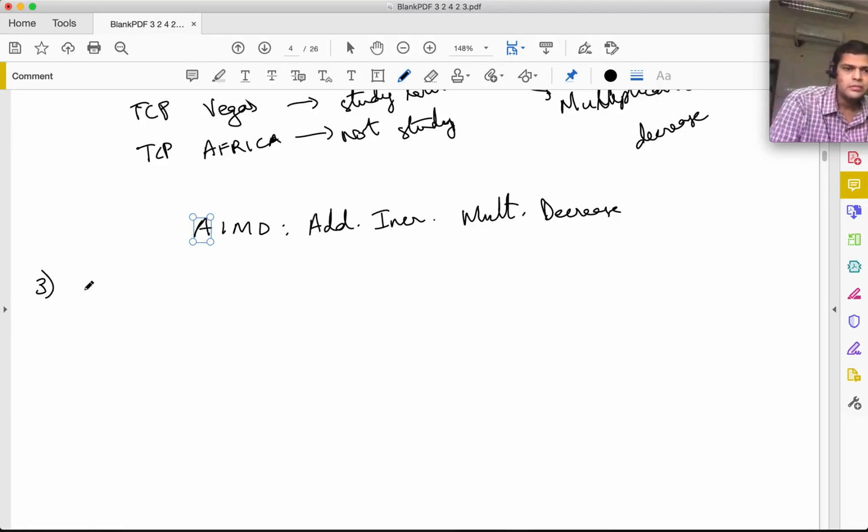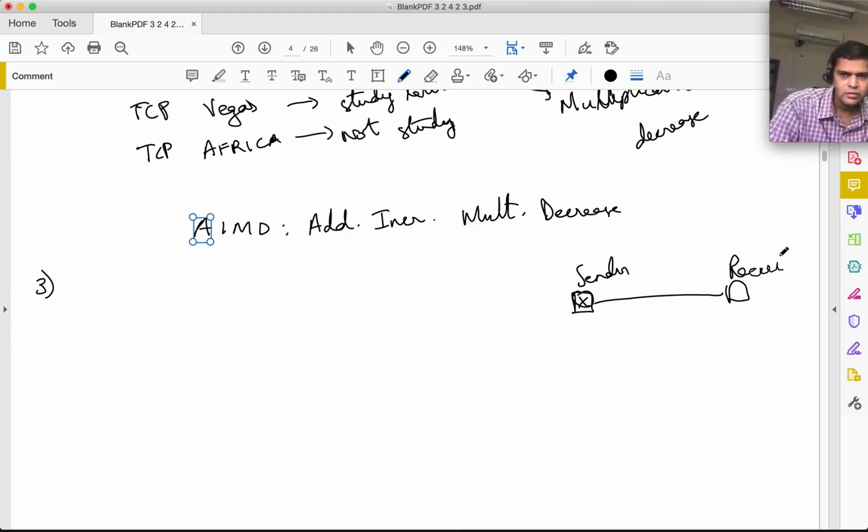And so one thing we haven't discussed is how do you find a reasonable window size initially? So the issue is that suppose this is the sender, and this is the receiver. What is the data rate that you can send out? What is an appropriate window size?